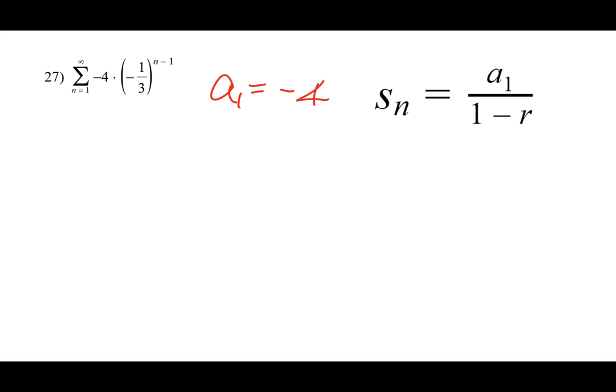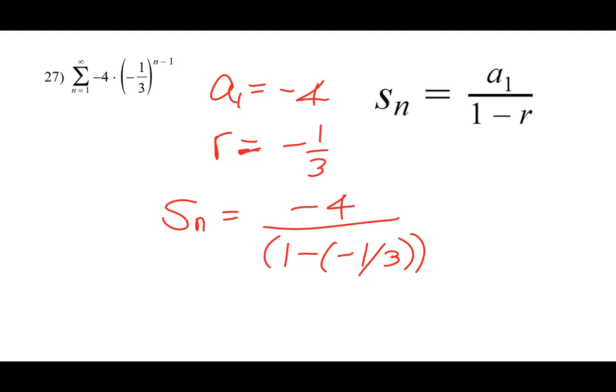You could plug in n equals 1 and solve for it, but you could see a sub 1 by now, right? And then to get the r, you're supposed to plug in n equals 2, get the value and divide it by a sub 1, but maybe you could see what the r value is in the equation.